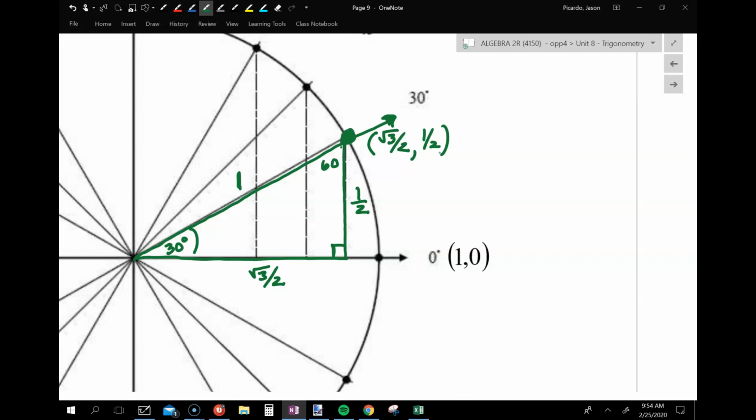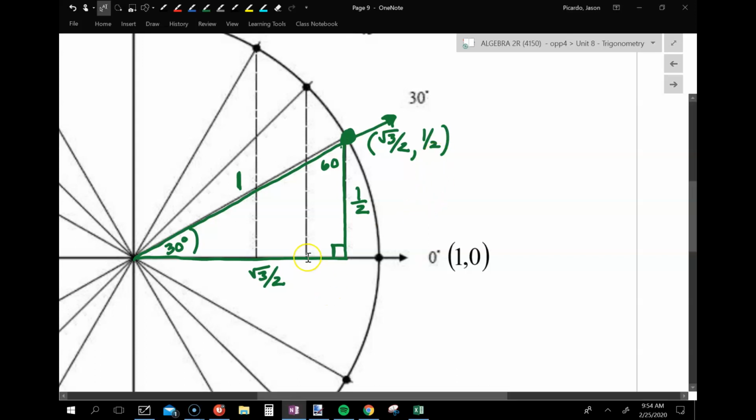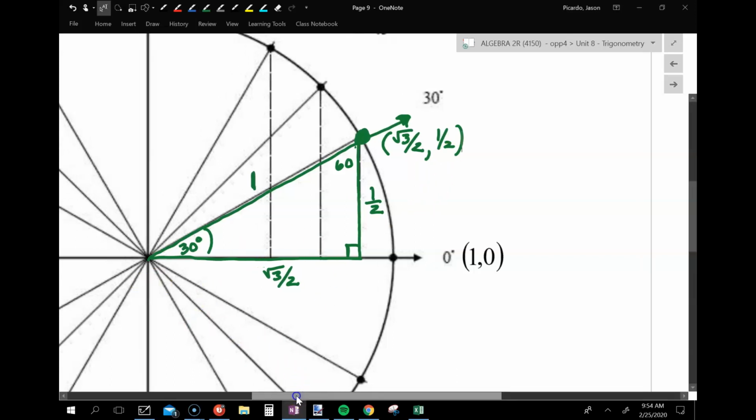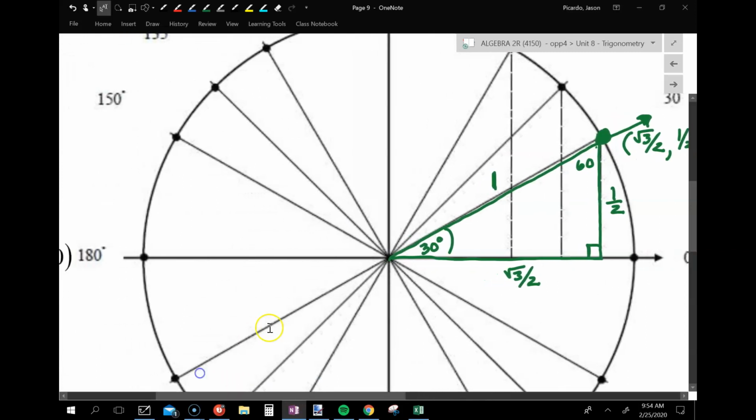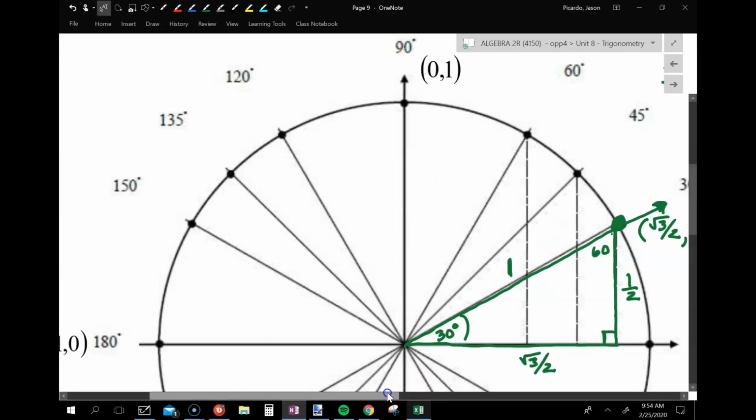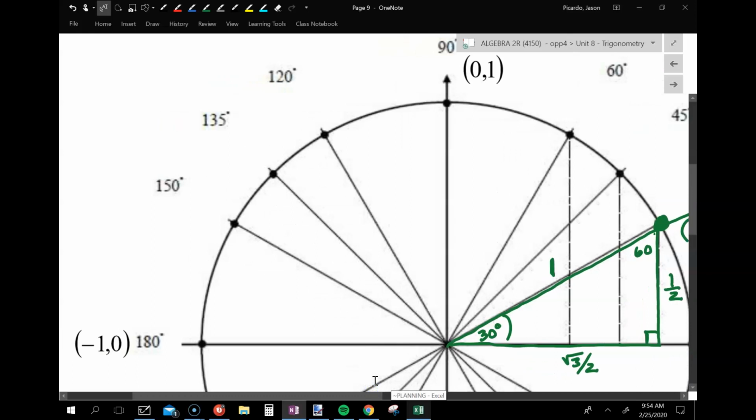All right, now I want to focus your attention to quadrant number 2. And I'm going to draw a different triangle over here. I'm going to make this my angle of interest.